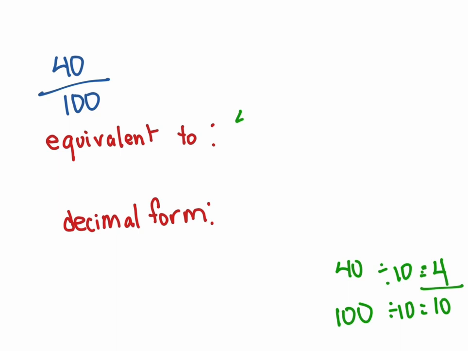Now we're going to learn what 40 hundredths is in decimal form. 40 hundredths is partly different than 4/10, even though they're both equivalent. So if you were to write 40 hundredths in decimal form, this is how you would write it.